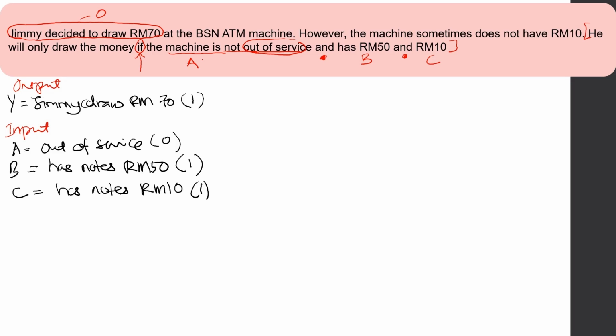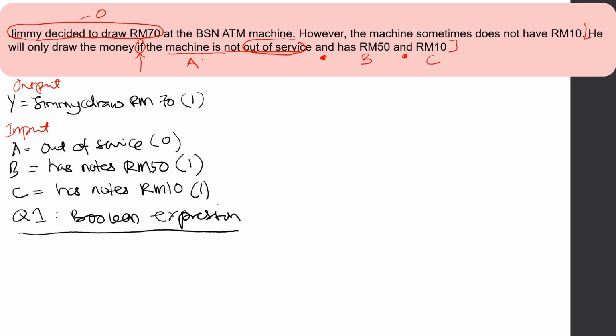First we want to come up with the Boolean expression. Okay, question 1: derive the Boolean expression based on the problem statement. So what is the Boolean expression? The Boolean expression starts with the output, Y equals.